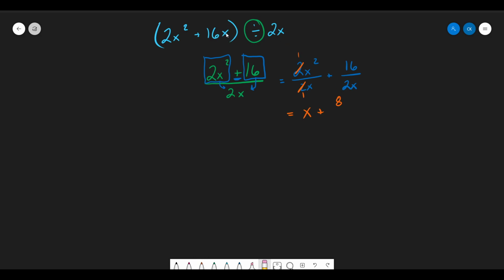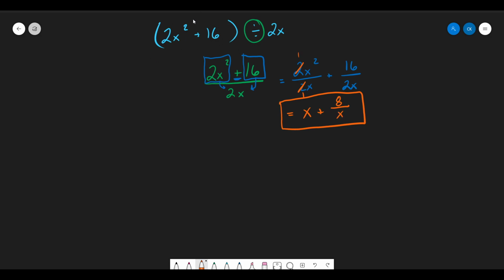Well, we'll just change it to a 16. Not that it makes any bit of a difference. So again here, 16 divided by 2 is 8. We have no x on top. We have an x on bottom. So the x will stay on bottom. My final answer here would be x plus 8 over x. That would be it.